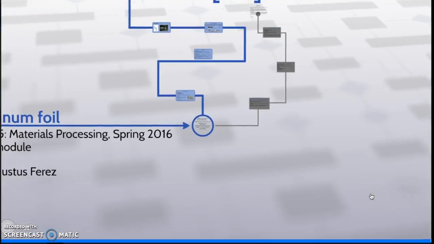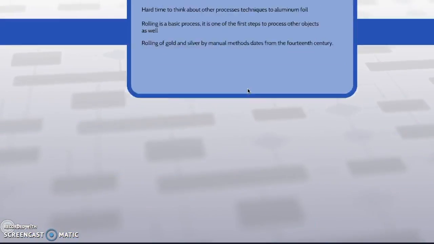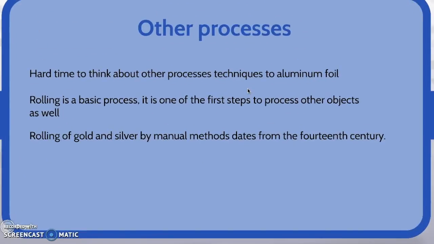So that was the rolling process. Now I'm gonna talk about other processes. I really had a hard time thinking about other process techniques for aluminum foil, because rolling is a pretty basic process and it's one of the first steps to produce other metal objects as well.